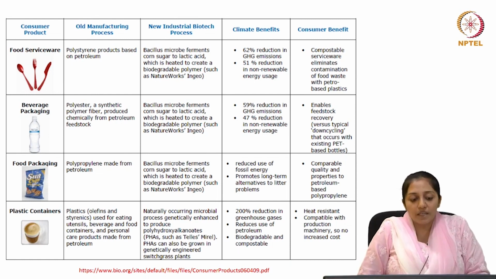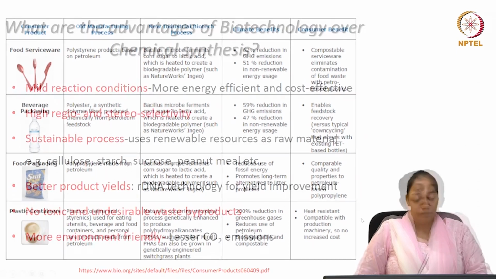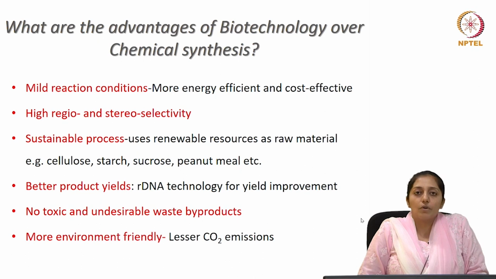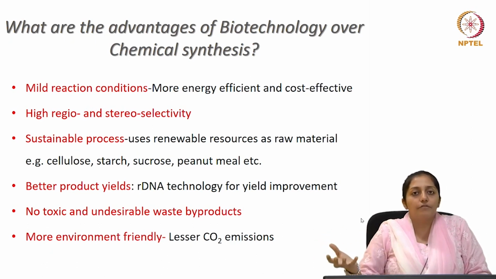So these were some of the examples where biotechnology has played a key role in substituting certain harmful chemical reactions for commercial use. Now let's see what the advantages are. After looking at these examples which I talked about, I'm sure you must have got an idea of the various advantages which biotechnology or biochemical reactions have over chemical reactions.